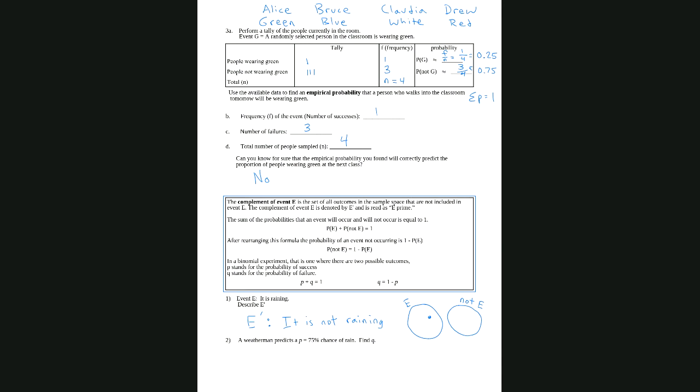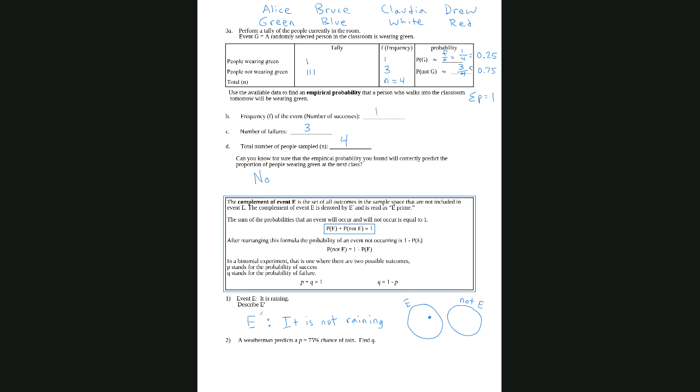So for that reason, we have this formula, that the probability of event E occurring plus the probability of the event E not occurring adds up to 1. We could also rearrange that formula to solve for an unknown quantity when necessary.